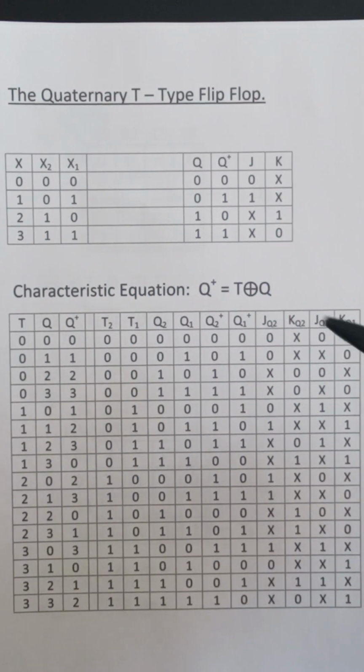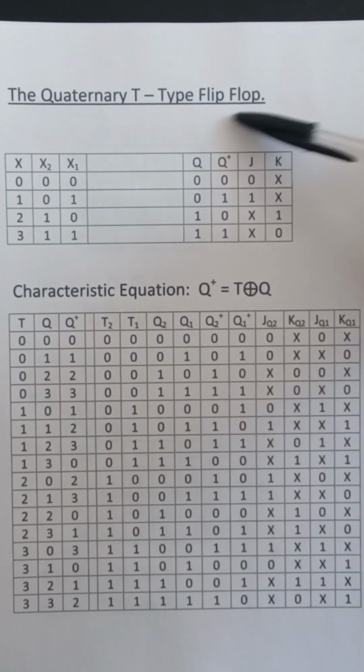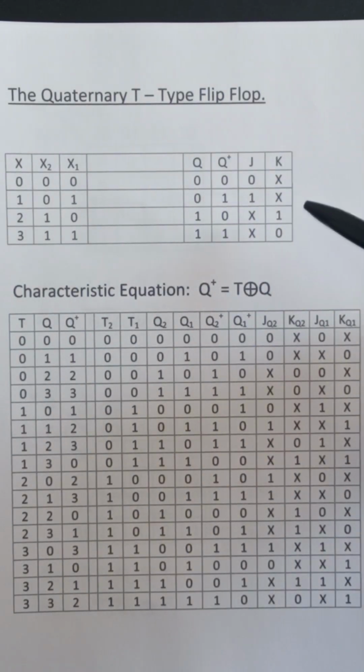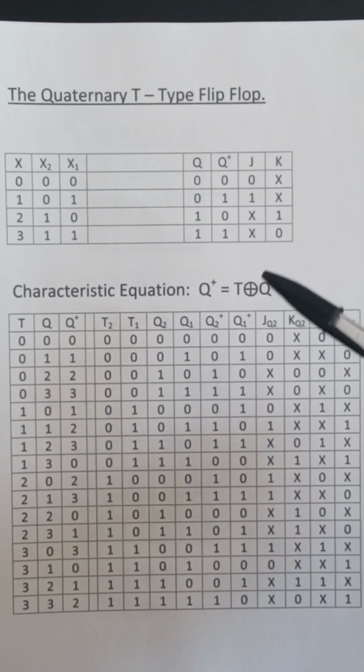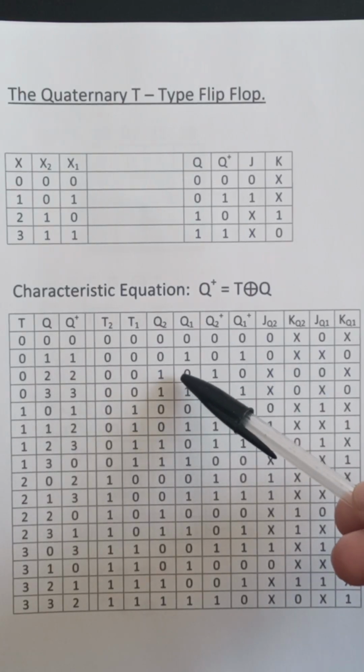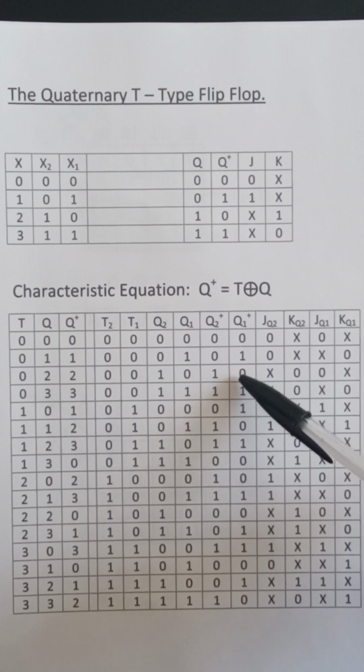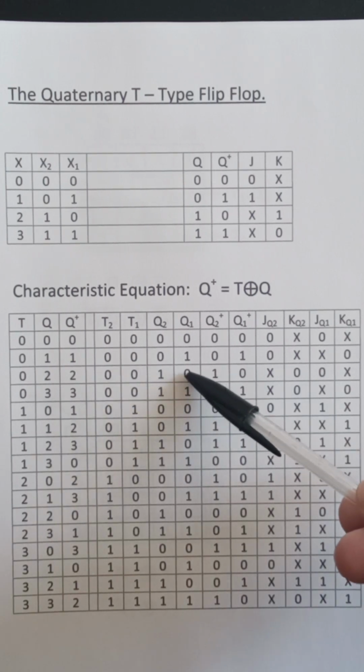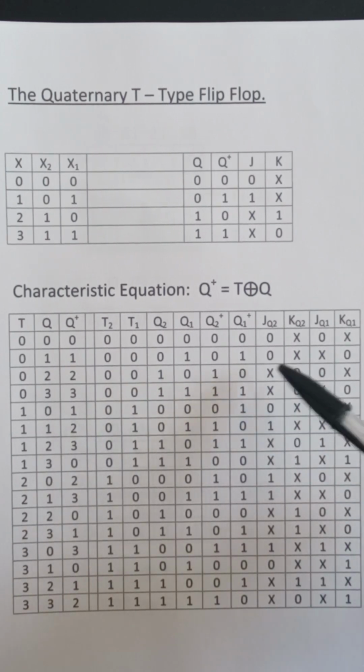Now I'm going to implement the T flip-flop using JK flip-flops. And this is the excitation table for the JK flip-flop, the binary JK flip-flop, should I say. So for example, if Q1 is a 0 and Q1+ is a 0, you get JQ1 and KQ1 of 0x.